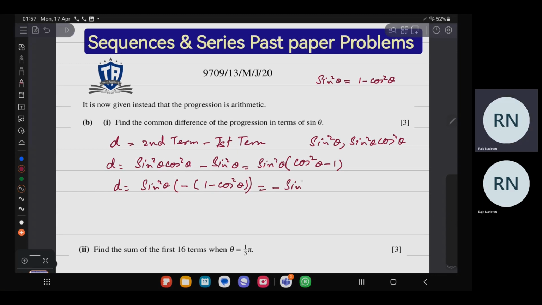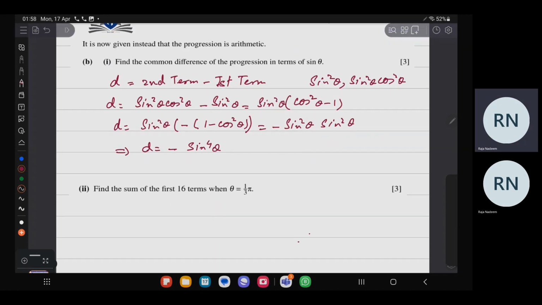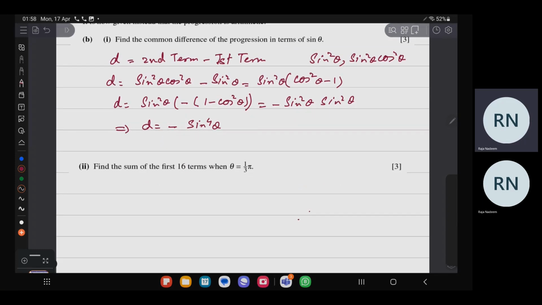Take the minus outside: minus sine square theta, and replace 1 minus cos square theta with the identity, it becomes sine square theta. This implies that D is equal to minus sine 4 theta. This is the difference.